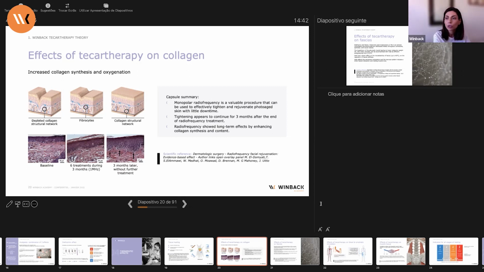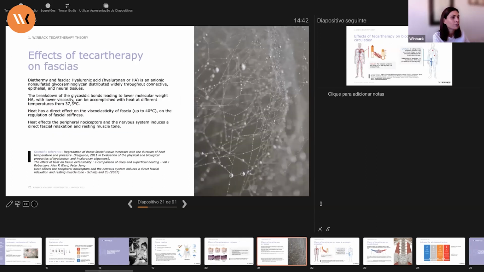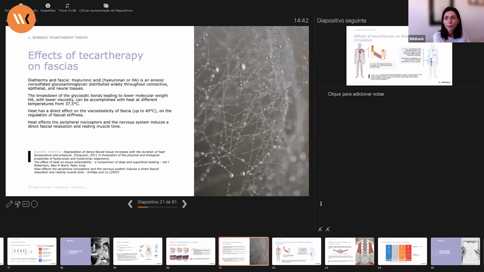We have really, really good results in postmenopausal syndrome and in reducing the urinary infections associated with the atrophy of the pelvic floor, okay?